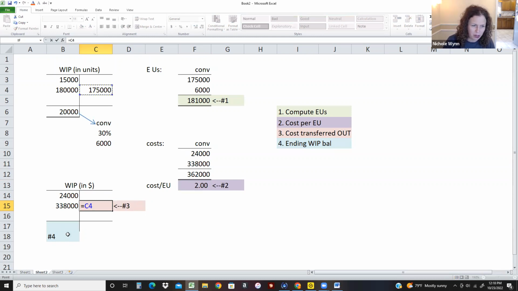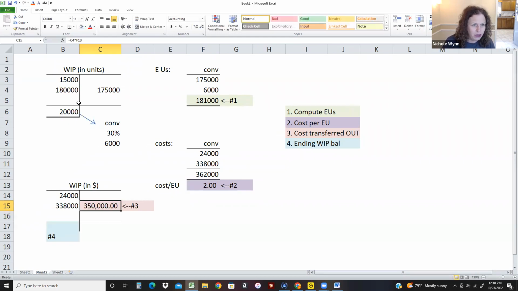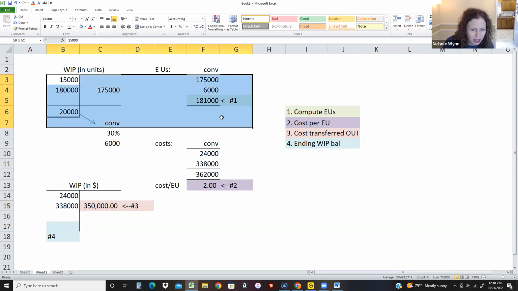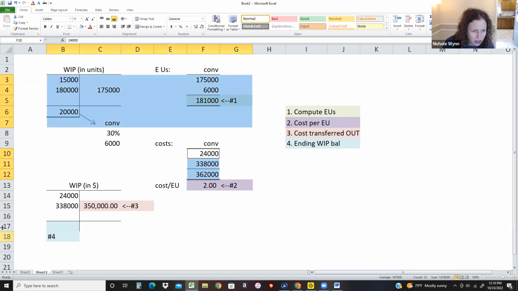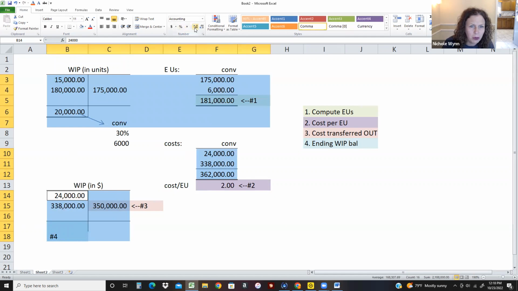That's why I do the WIP in units and WIP in dollars right on top of each other, so you can see the relationship. It was 175,000 units, but if I want to know how many dollars, I take it times $2 each. I do not want decimal places, so I'm going to take all of this and convert it to a comma without decimals.